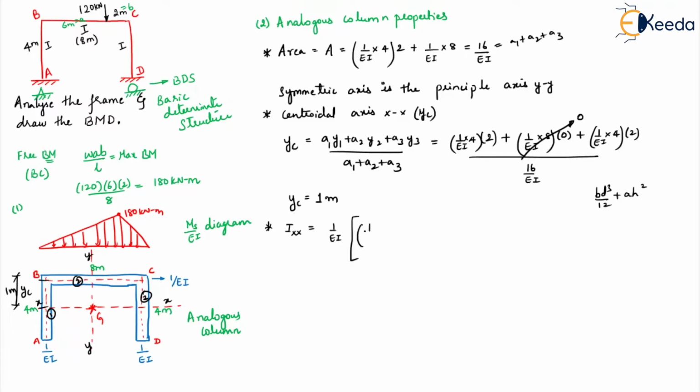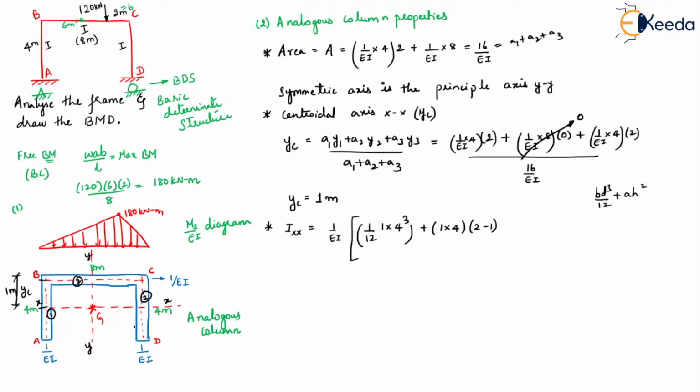Right, so it will be BD cube by 12, 1 into D cube by 12, plus AH square. A is 4 here. H is what? The distance between the CG of this and the centroidal axis. So here it is how much? Total is 2, 2 minus 1.